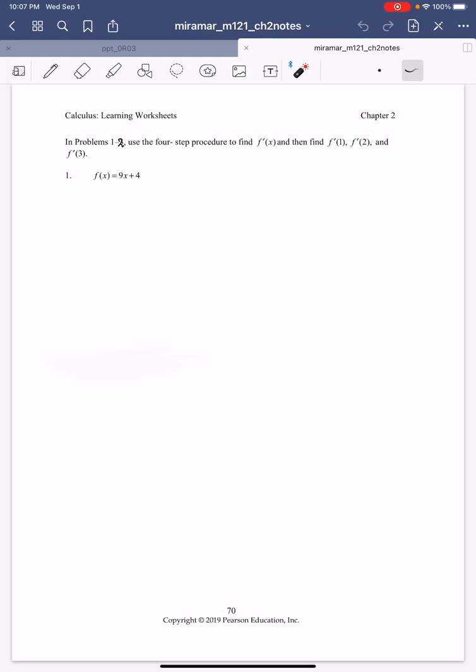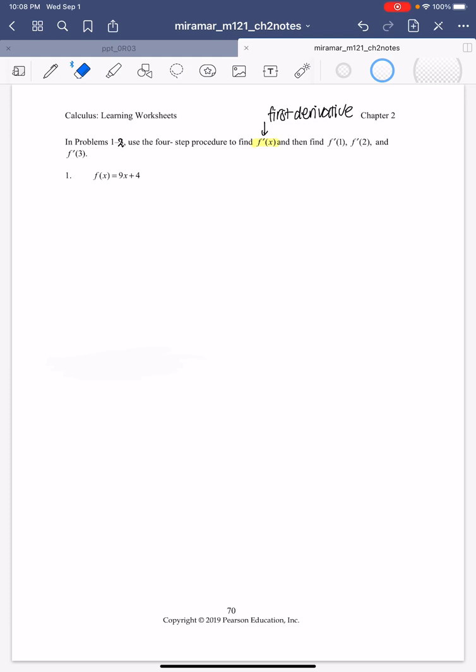Use the four-step procedure to find f prime. This notation over here is the first derivative. In a later chapter, you're going to see double prime, which will be the second derivative. So the prime indicates the number of derivatives. There's only one, so it is the first derivative, then second derivative, and you can continue and take the derivative as much as you like.